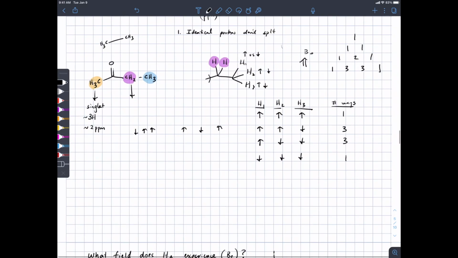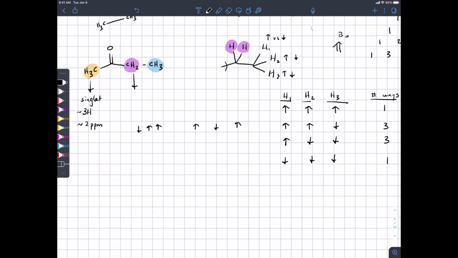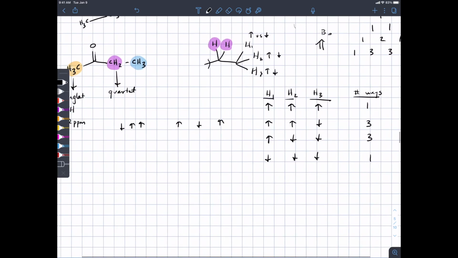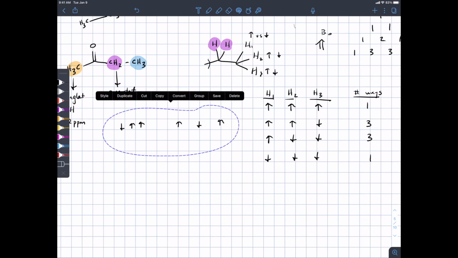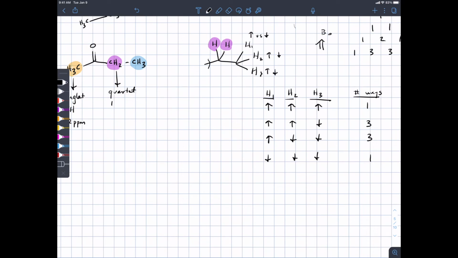And so, because there are 4 distinct environments that purple proton can experience, we expect purple proton to be split into a 4-line pattern, or a quartet, and we expect the relative intensity of those peaks to be 1 to 3 to 3 to 1.